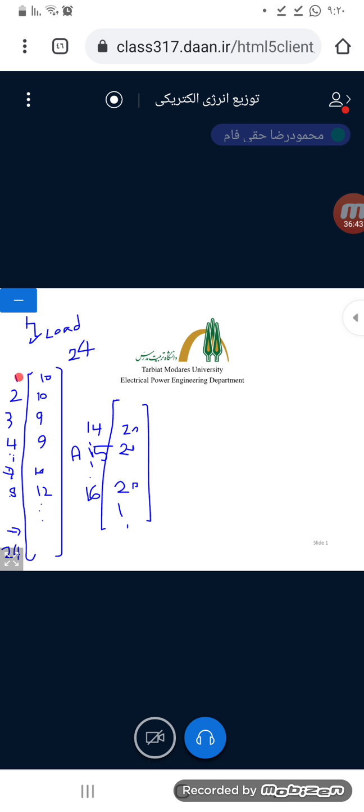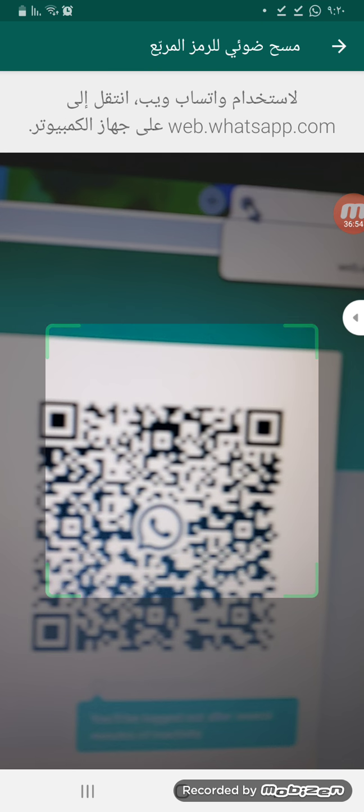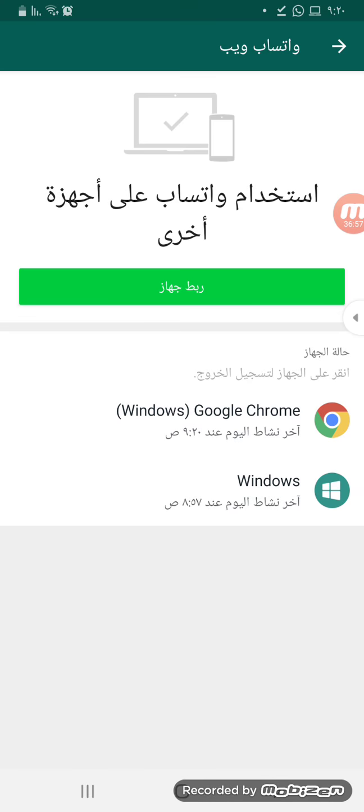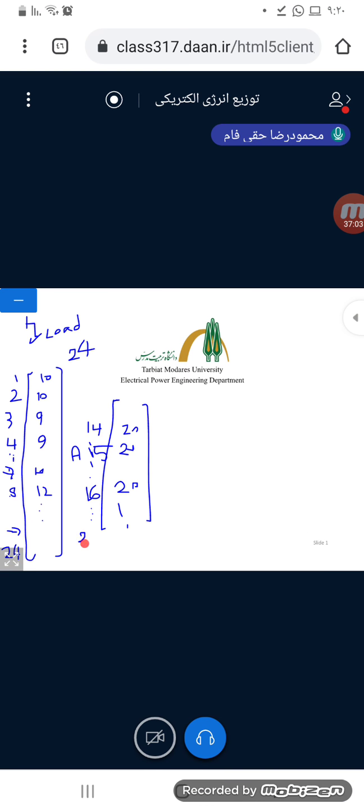For example, hour 1 is 10, hour 2 is 10, hour 3 is 9, 9, 10, 12, and so on, and the peak is 20. Then for example it reaches 21 at night and 22 at night, and this reaches 25 ampere and 25 ampere. Okay? Do you understand?